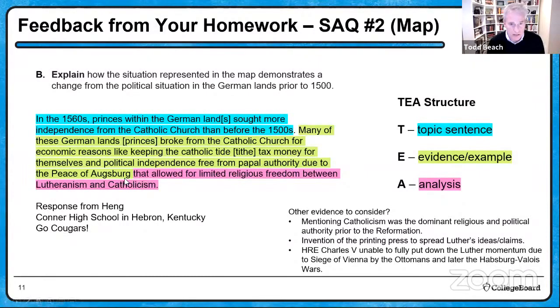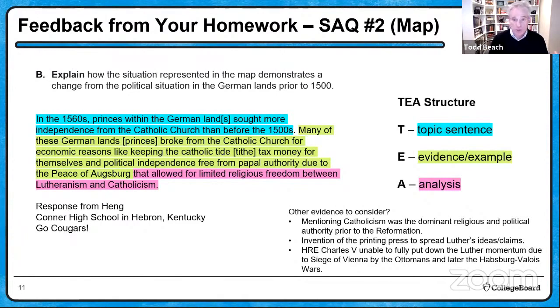So we got really good examples and evidence in there. And then the analysis is that it allowed for limited religious freedom between Lutheranism and Catholicism. So that response from Hang at Connor High School in Hebron, Kentucky. So go Cougars, that's pretty good. There's some other evidence you could mention there, or anybody, because in these responses you could mention that Catholicism was the dominant religious and political authority prior to the Reformation, because it was asking for before.